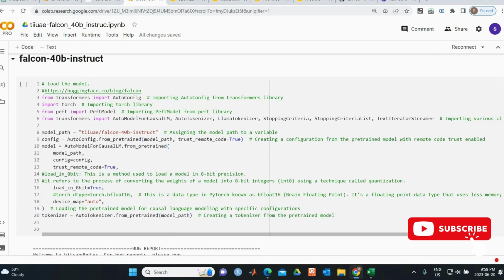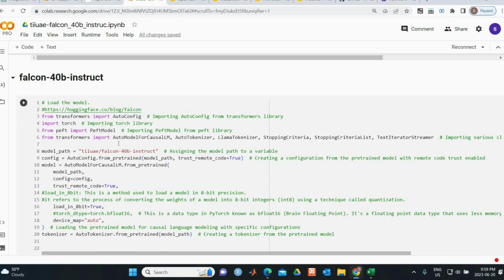Now we are setting up the Falcon 40B Instruct model. So this code is very similar to the previous blocks. We take their model here and we specify the path of the model. And what I'm doing here is loading in 8 bits. So 8 bits is actually good for better memory utilization.